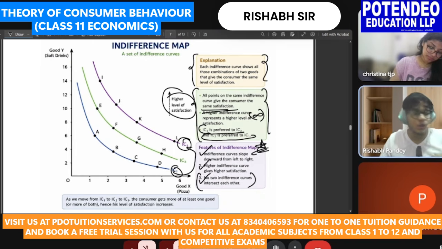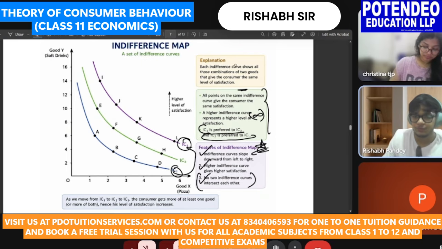Which means every commodity in this particular map gives a different type of satisfaction with the same level. Got the point? Every graph is downward sloping this way. See this map, make a graph, and also write all this box, this purple box. And if you want, you can write this green box also. Purple and green box, I would recommend.